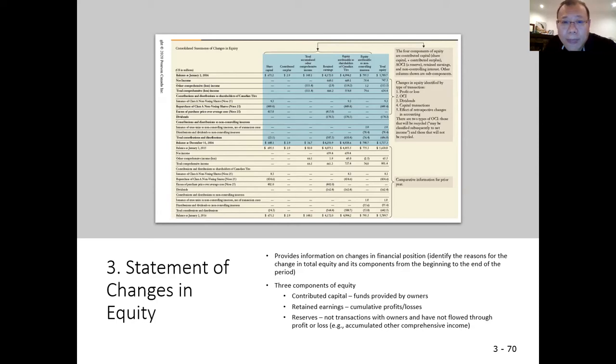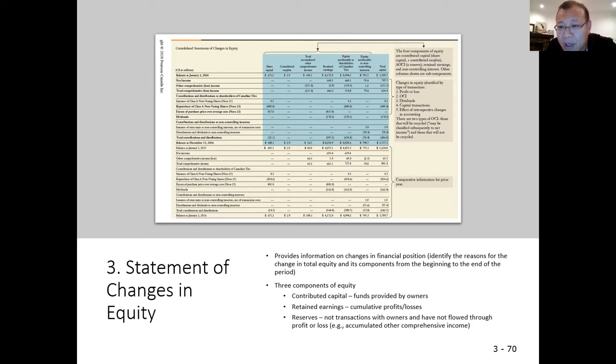So basically, the share capital and contributed surplus here. These are called contributed capital, contributed earnings here, retained earnings, okay, and total accumulated other comprehensive income, okay, AOCI.